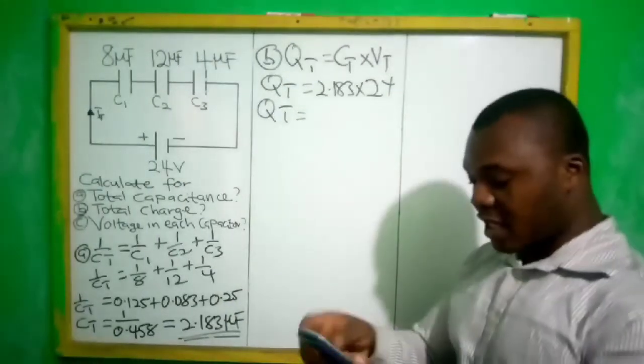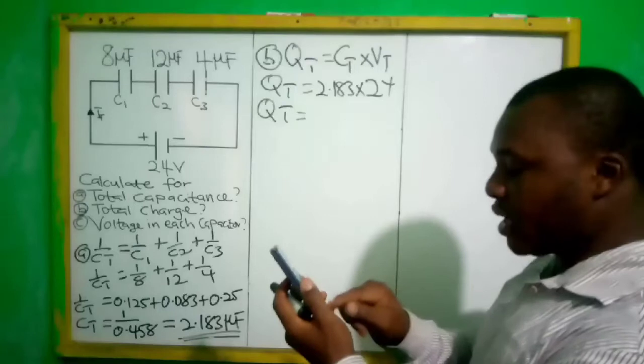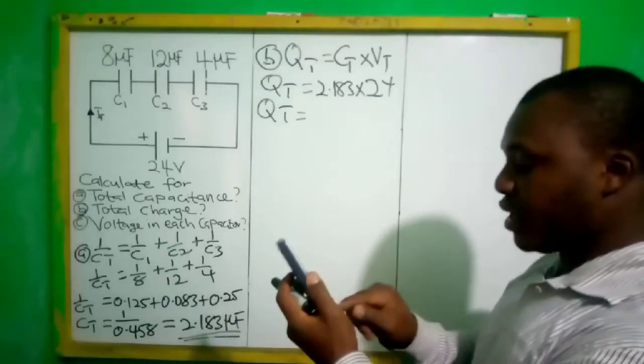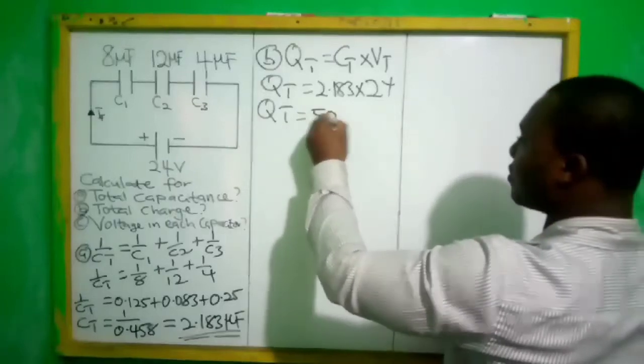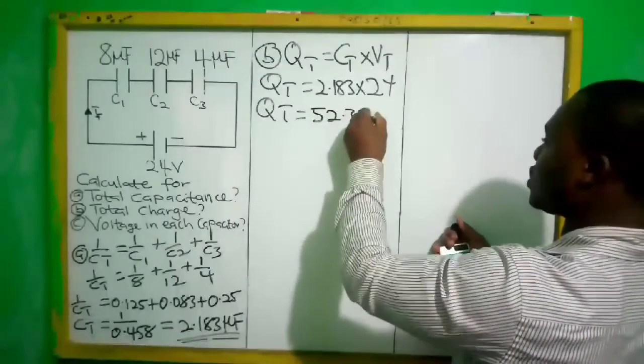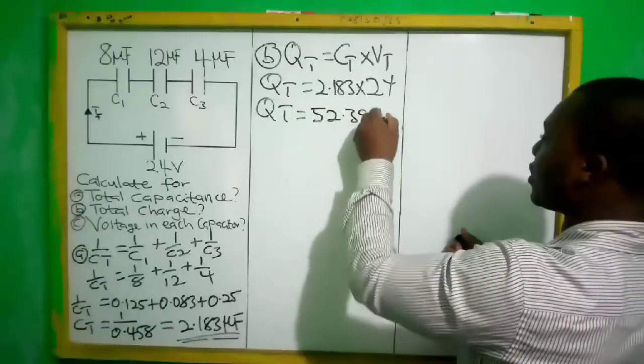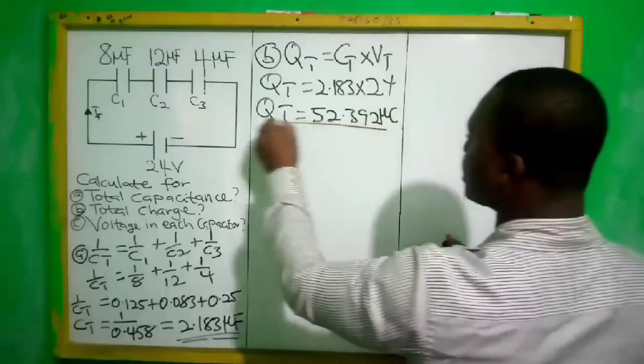Let's multiply and see. 2.183 times 24 gives us 52.392 microcoulomb. So this becomes the answer.